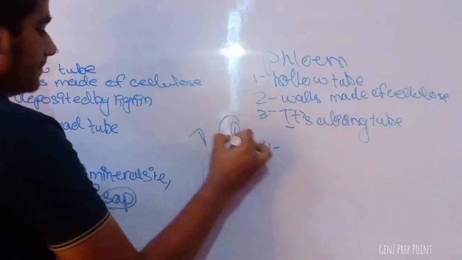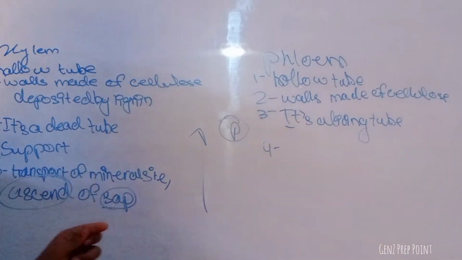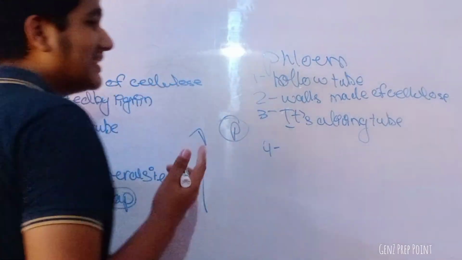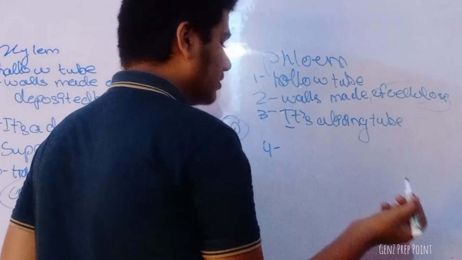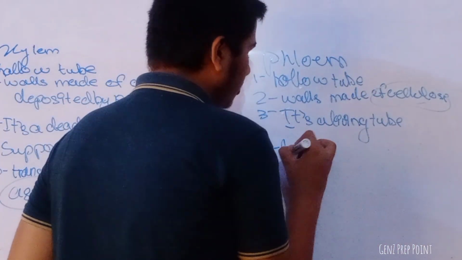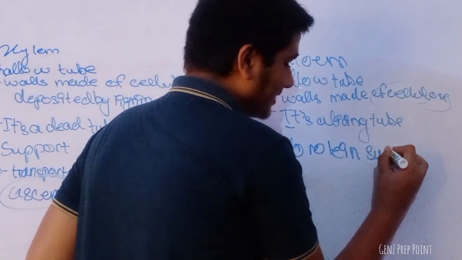Now the purpose. Does it play any role in the strength, in the support? No, it doesn't. Why? Because it doesn't have lignin in its wall. That's why we only write cellulose, not lignin. No role in support. That's it.